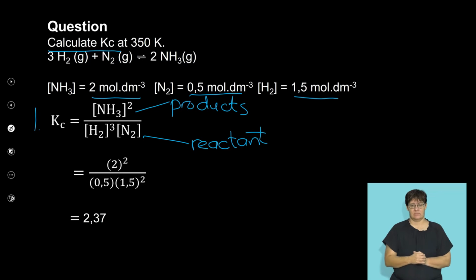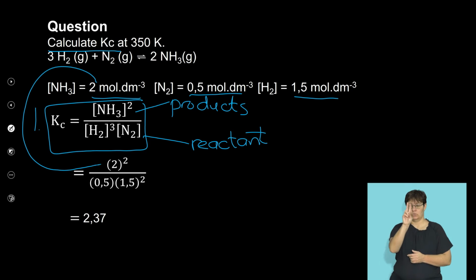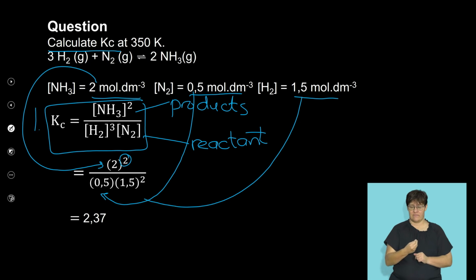So when we substitute into the Kc expression, we will substitute the 2 there with the exponent 2. Then for nitrogen, we have 0.5 mole per decimeter cubed, and for hydrogen, we have 1.5. And remember, for hydrogen, this should actually be a 3, exponent 3 there.